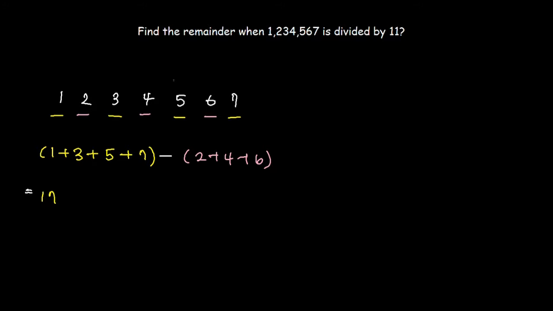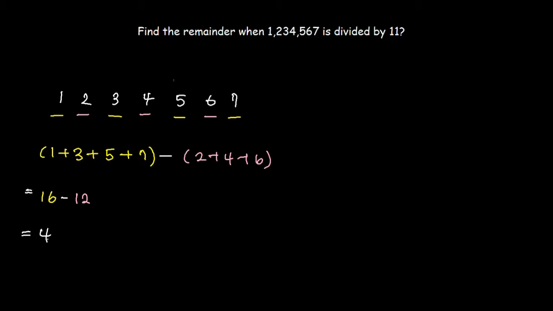And let's subtract. 2 plus 4 equals 6, and 6 plus 6 gives us 12. Oops, my bad. That should actually be 16 here. Alright, so you have this simple equation here, and the answer is obviously a 4.